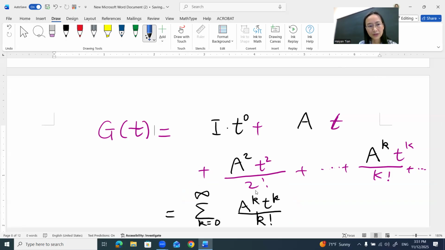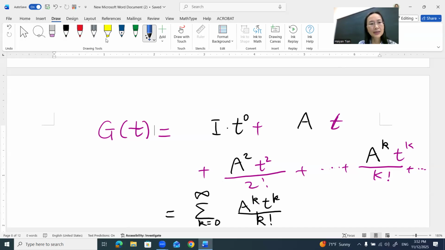And of course, when K is 0, you can double check this is T to the 0 power, it's just a 1, and 0 factorial is 1. A to the 0 power is identity.